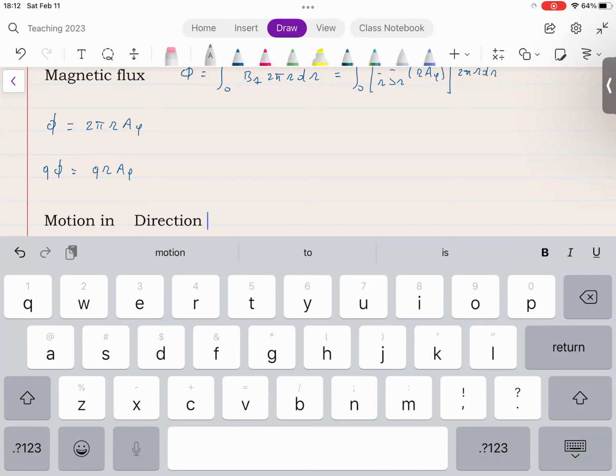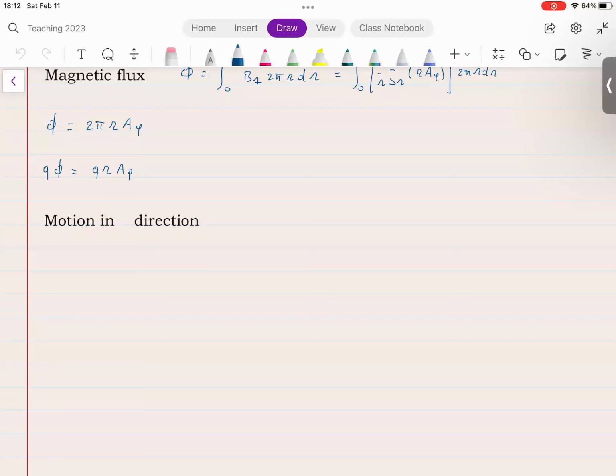And that's given by the expression that we have for the canonical momentum. I'm just going to write the solution. You know how to write this, so I'm not writing anything.